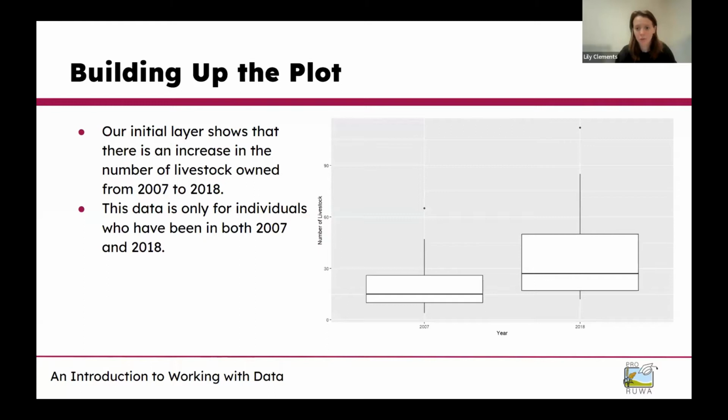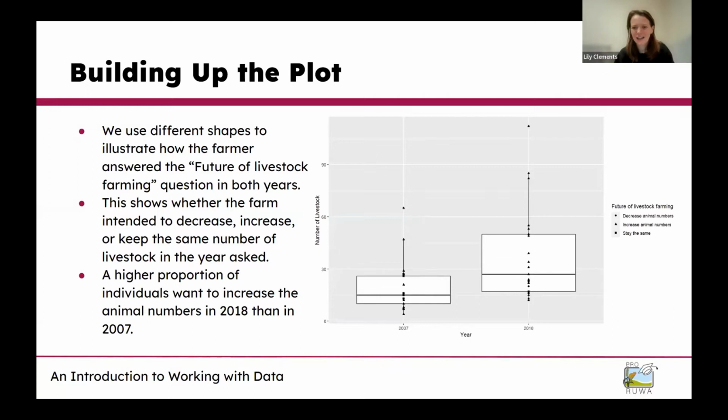We had our box plot before, which was our initial layer, which gave the overall idea of the number of livestock in both years for each household. And now we've added on this layer.